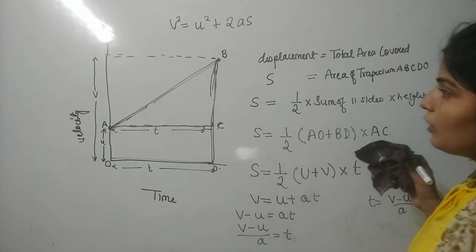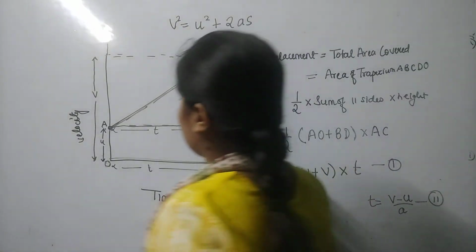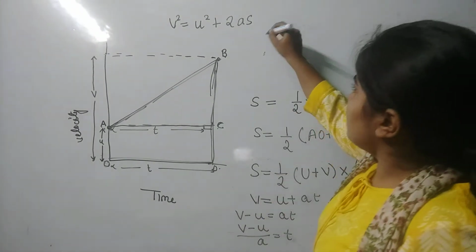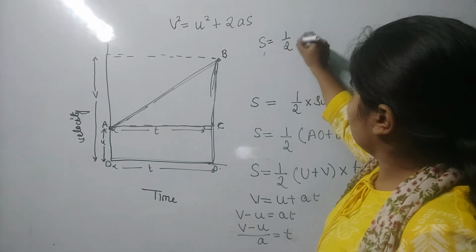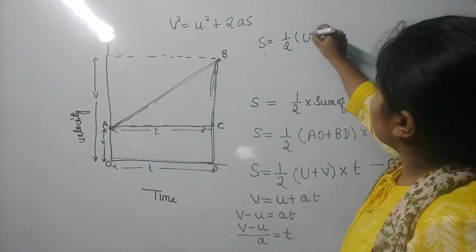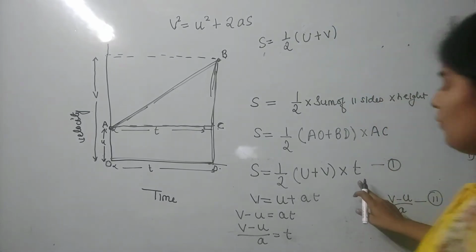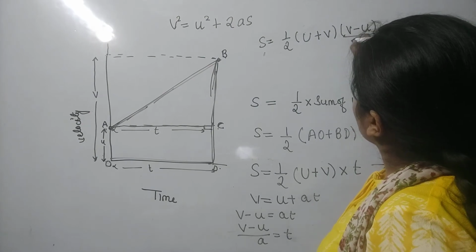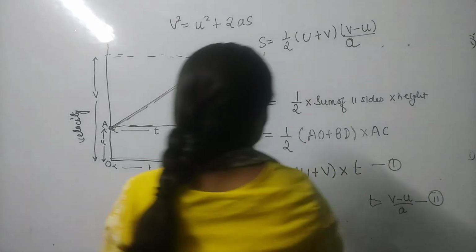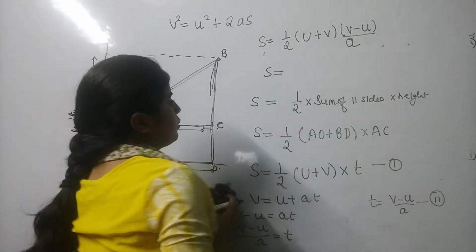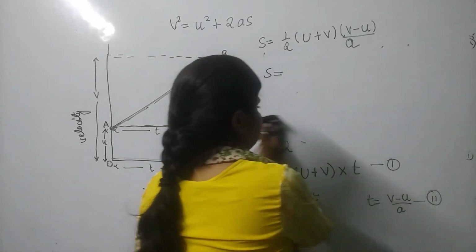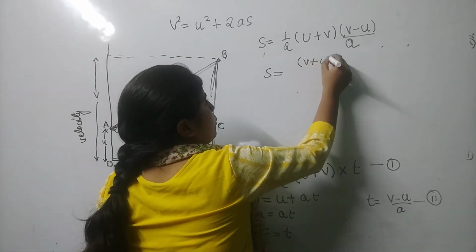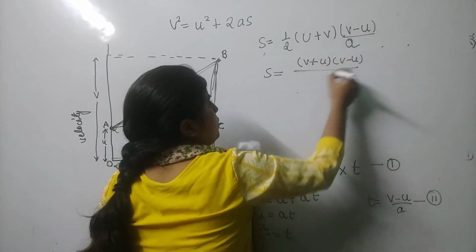Whenever you put it, S will be equal to half into u plus v, and the value of t is v minus u upon a. So S will be equal to v plus u into v minus u upon 2a.